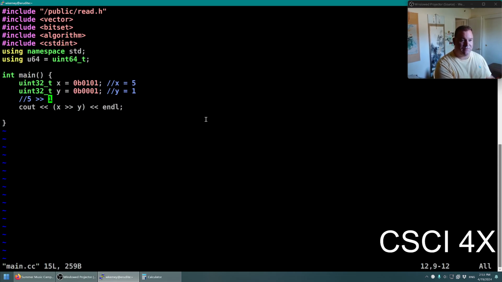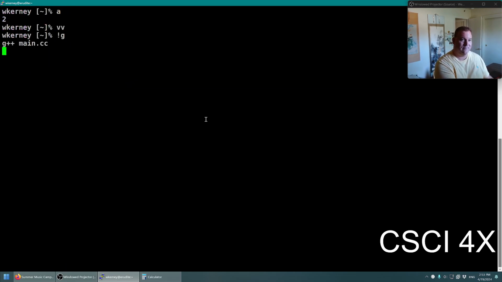But what if we right shift it twice? What if we right shift 5 twice? So we had 101 before. We push everybody to the right, push everybody to the right. It is now 1.